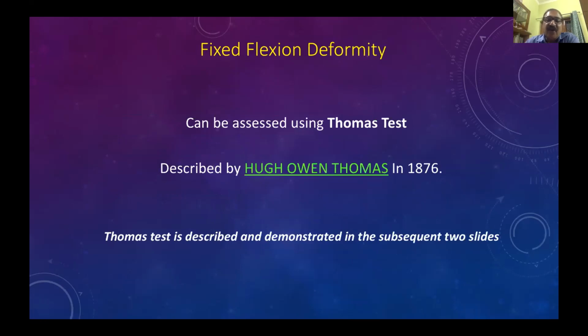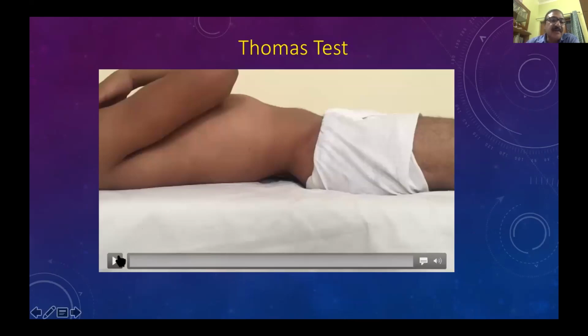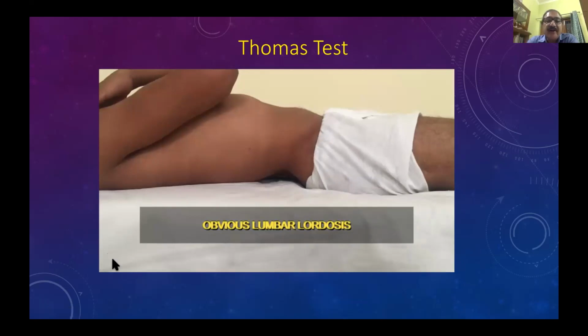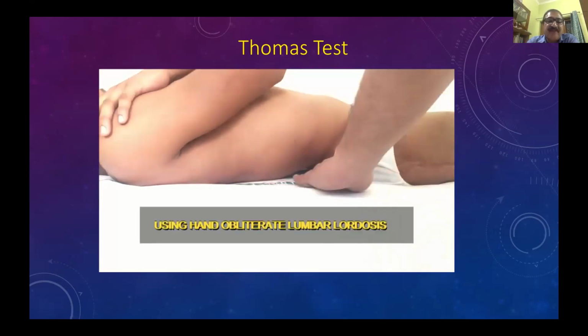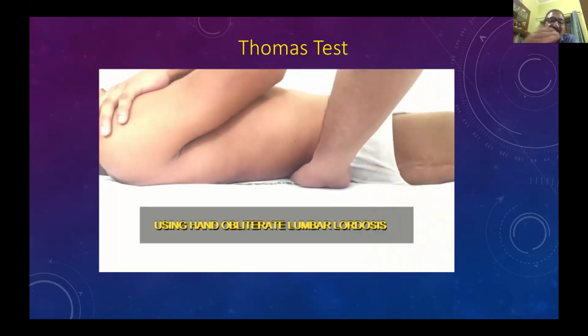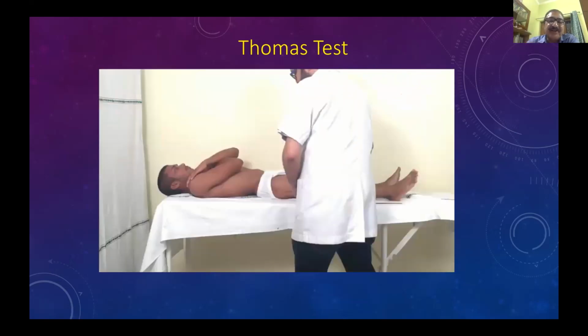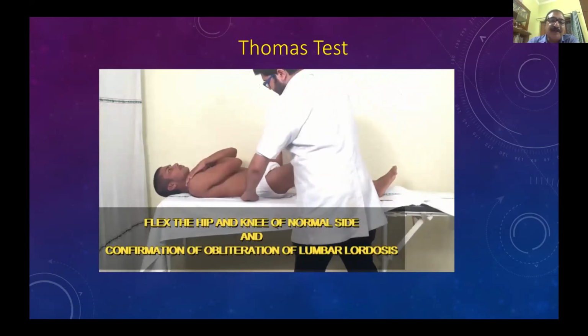Now, fixed flexion deformity can be assessed by the Thomas test. The next video will show you how to do a Thomas test correctly. The patient is lying on a hard bed with a firm mattress. One can inspect and confirm by putting the hand whether the lumbar lordosis is increased or not. Like in this patient, it is increased. Then the opposite hip is flexed.